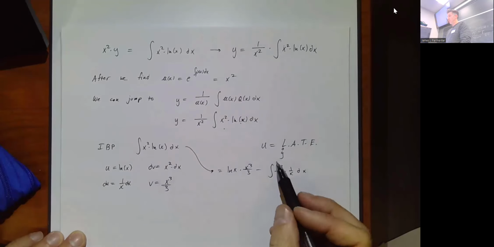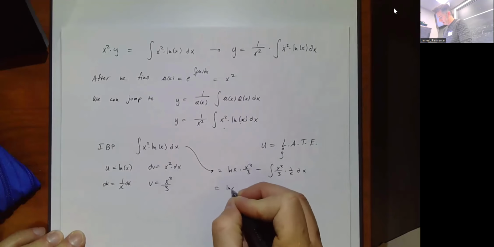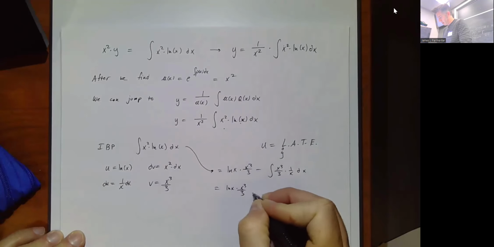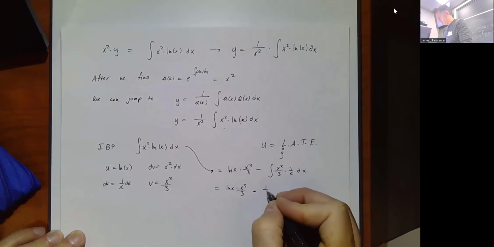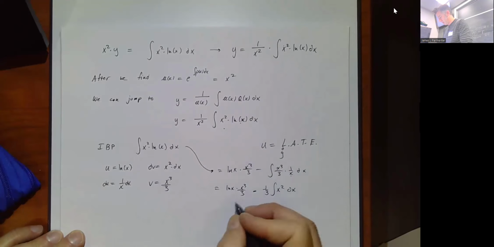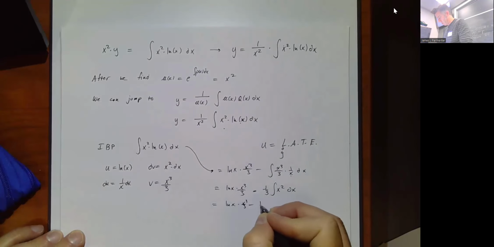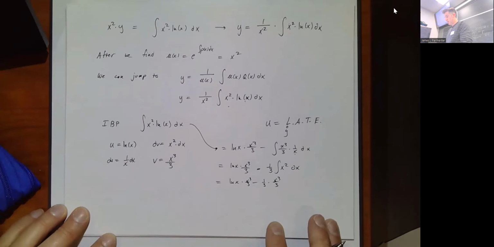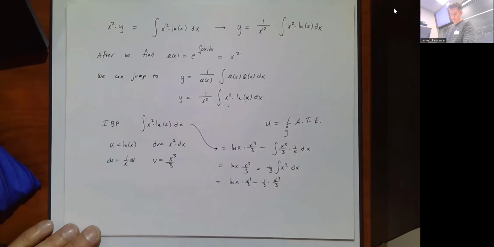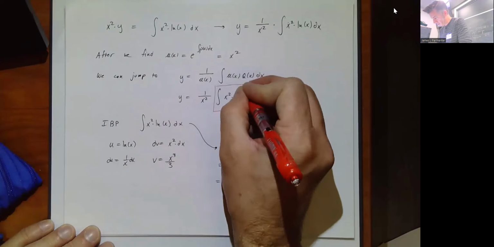We always have to be careful here. You just want to simplify this before you integrate it. So I'm going to rewrite this as the natural log of x times x cubed over 3 minus, let's bring out the 1/3, x cubed divided by x is x squared. And then we integrate, and we get the natural log of x times x cubed over 3 minus 1/3 times x cubed over 3.